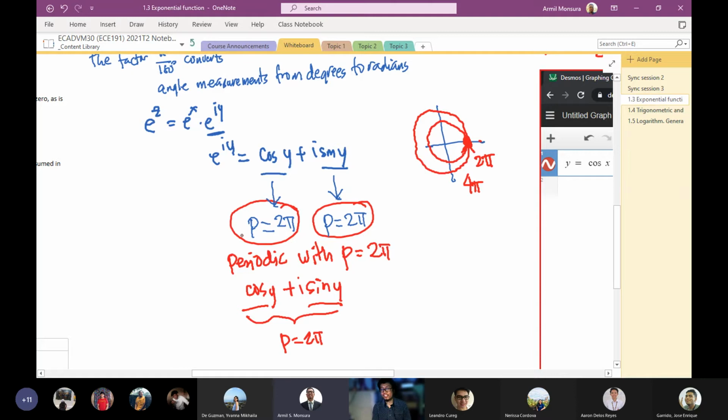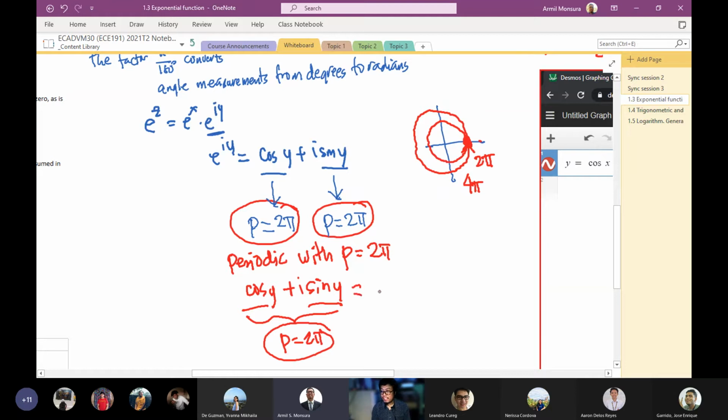So don't be puzzled kung diniscuss ko yung cosine has a periodicity of 2 pi and sine has a periodicity of 2 pi. So paano yung periodicity ng sum nila? Even if this is in the complex form, still, their sum is periodic with a period of 2 pi.